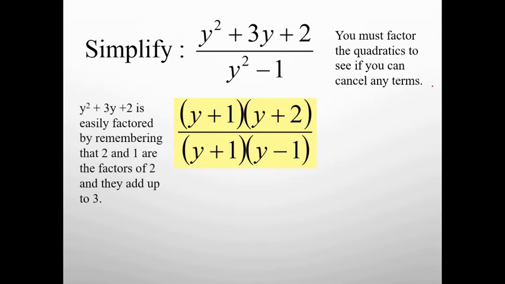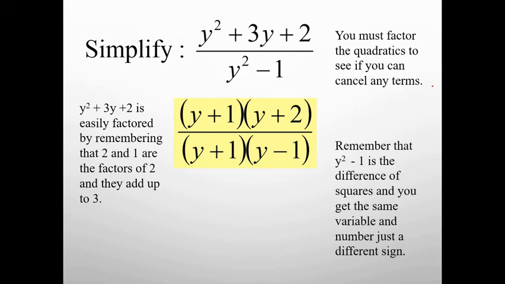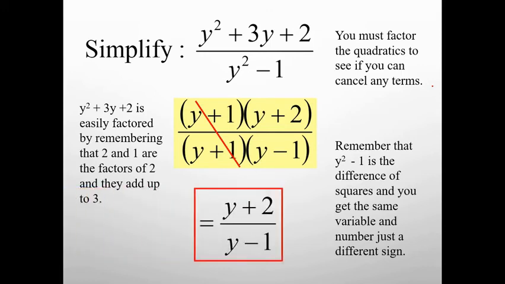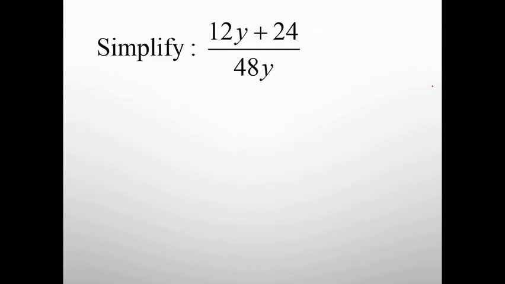So notice that y squared plus 3y plus 2 is easily factored by remembering that 2 and 1 are the factors of 2 and they add up to be 3. Remember that y squared minus 1 is the difference of squares, and you get the same variable and number, just a different sign. So please notice that we have y plus 1 in the numerator and the denominator, and so we're left with y plus 2 over y minus 1.